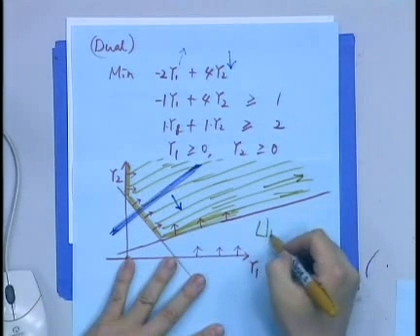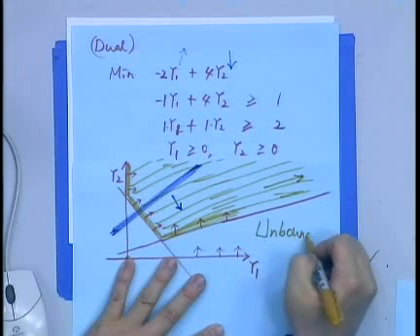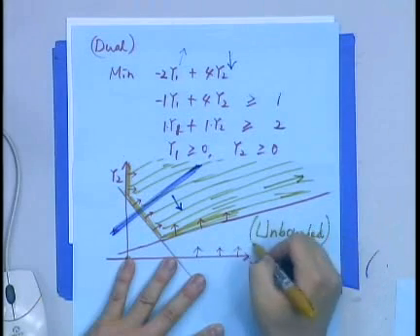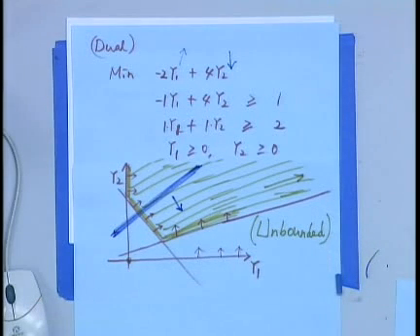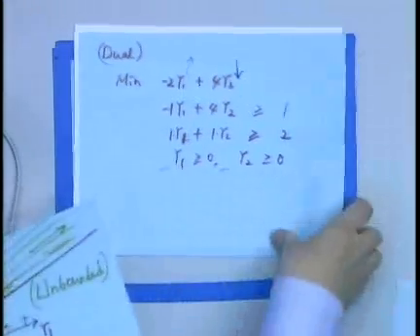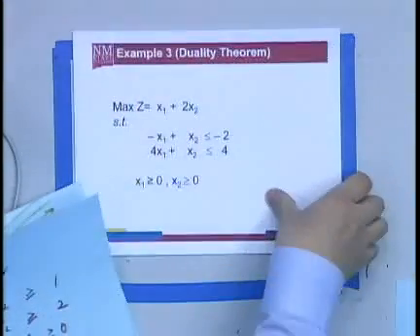So this is the unbounded case. So in this example, we've shown that if the primal problem is infeasible, then the dual problem has an unbounded objective.